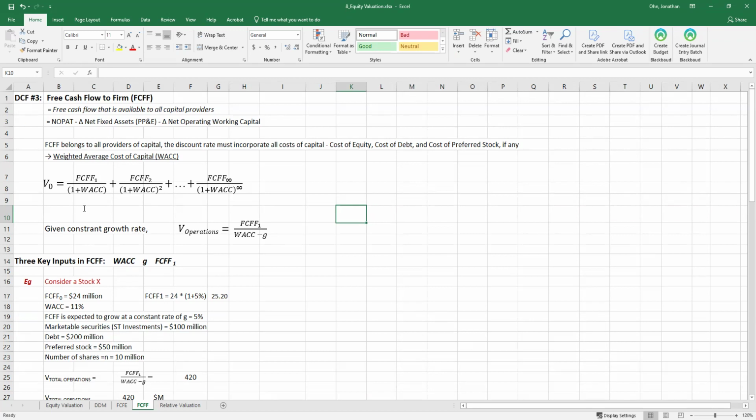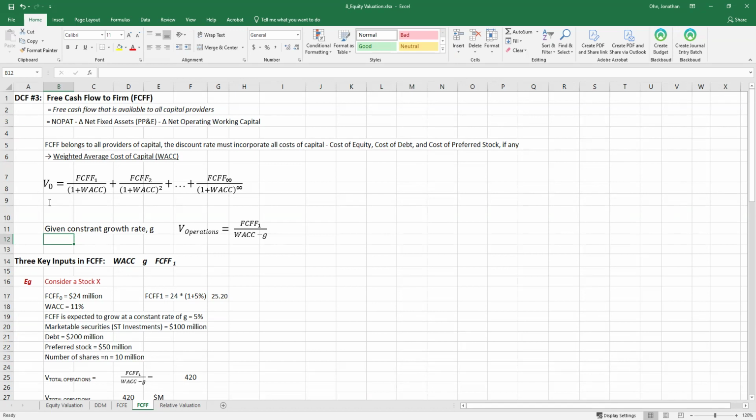The sum of the discounted value of all future free cash flow to the firm is the intrinsic value in this case, given constant growth rate G. This total value is the total value of our business operations.